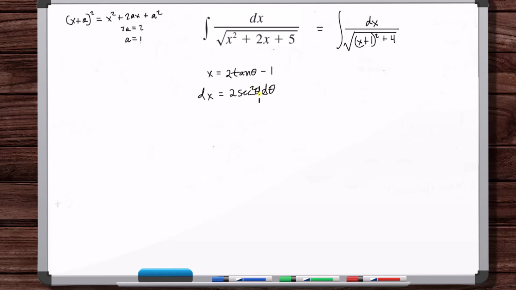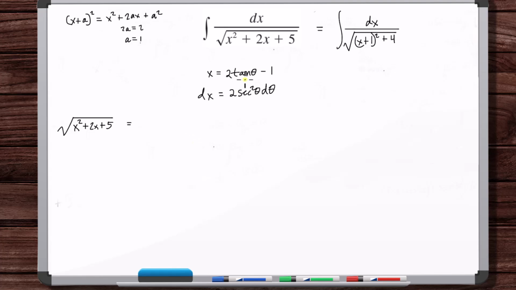All right, so I'm going to go ahead and plug it into the original formula, just to see how it simplifies. So let's do that. x squared plus 2x plus 5.